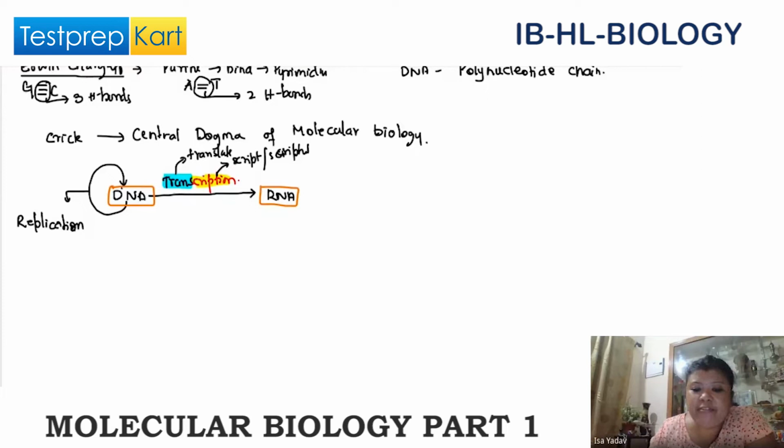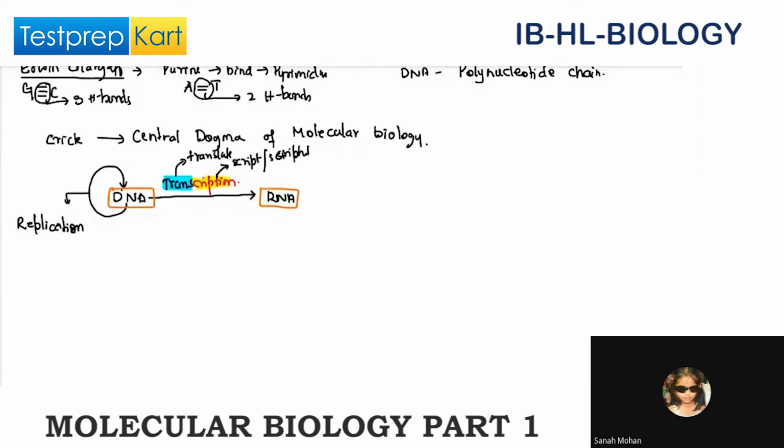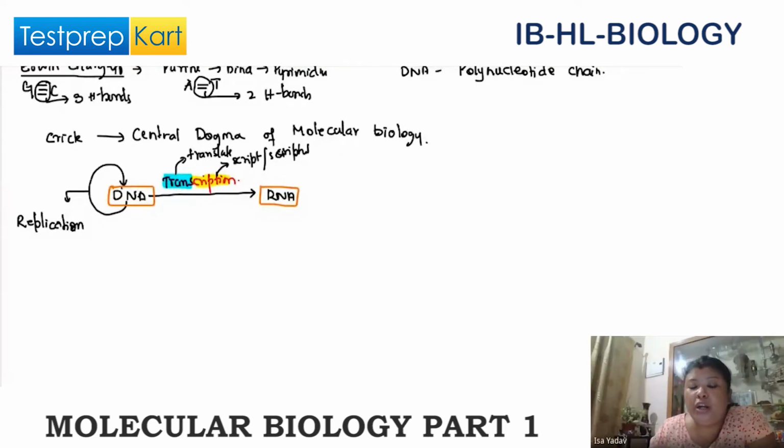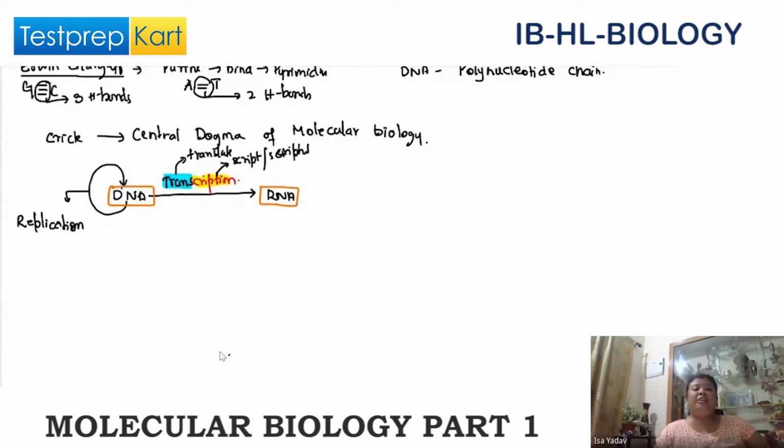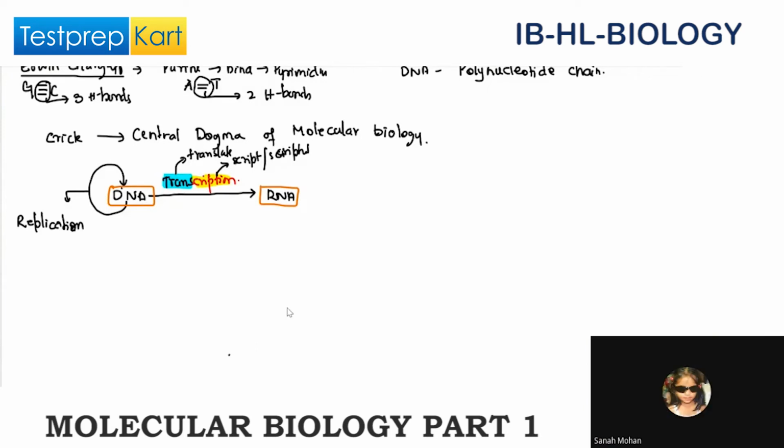DNA has information but is not able to express, so it will translate its information, and keep that translation in RNA. So the process of making RNA from DNA is called transcription. This is understood or not? Clear?